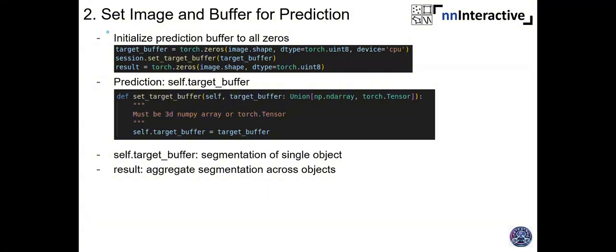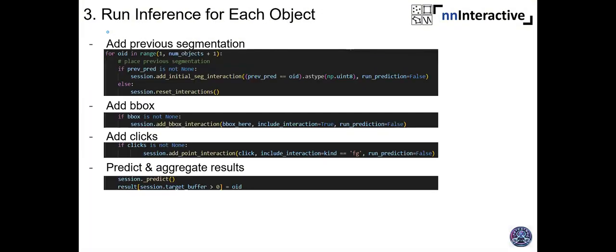They also initialize buffers, which store the prediction. The target buffer stores the segmentation of a single object, and the results are used to aggregate segmentations across all of the objects. Next, we run inference for each of the objects.